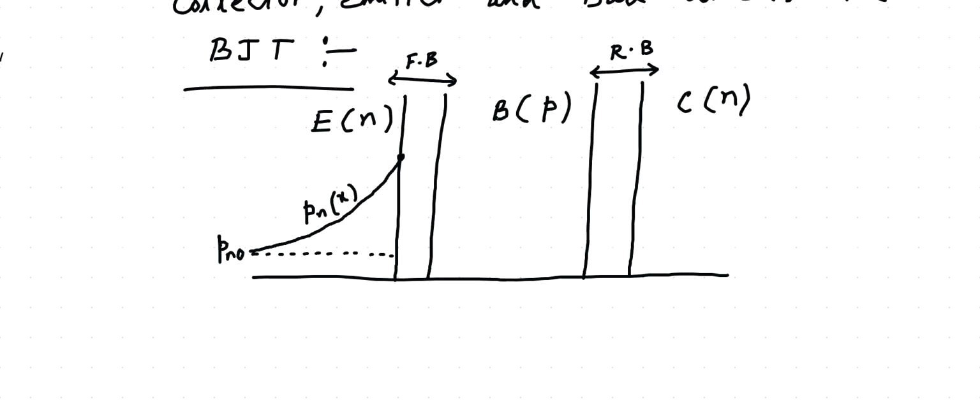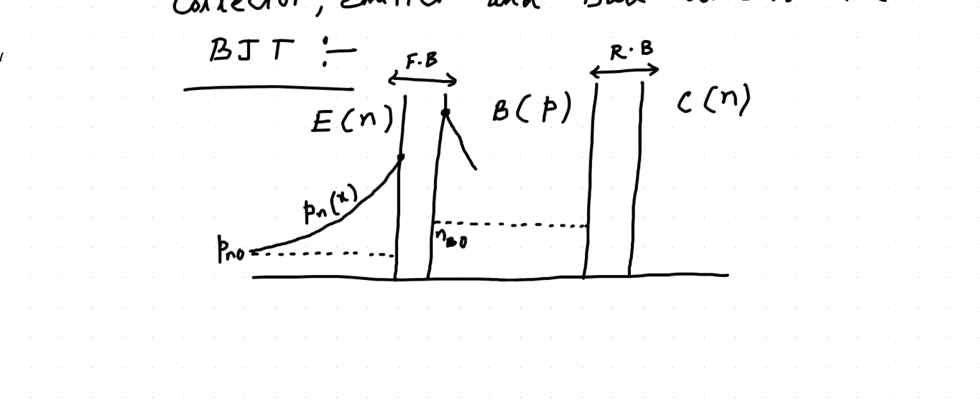Then in the base region, similarly, the concentration from the emitter depends upon the base emitter voltage, right? It is maximum here at the edge of the space charge width, and then it should come to the equilibrium position. Suppose the equilibrium position is somewhere here. The minority electron concentration in the P region or the base region, we can write as NB0.